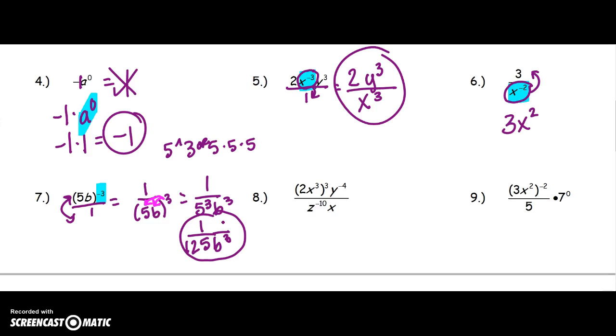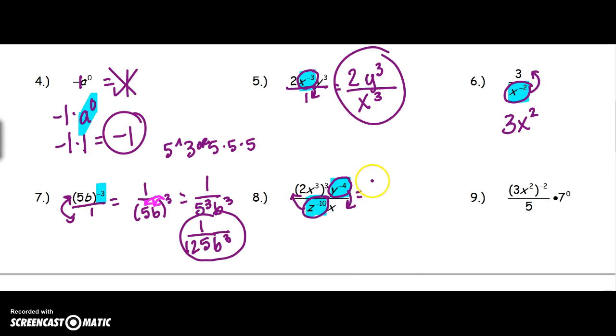Number 8 looks crazy, but it's not. So think about what you can do with your negative exponents. You have y to the negative 4 and you have z to the negative 10. That negative says I need to take this and move it down, and I need to take this and move it up.